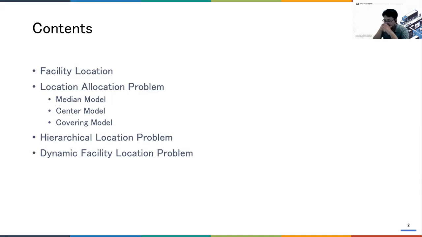So there are a lot of variants of facility location problems that consider dynamic or stochastic factors in the decision making process. One of them is modeled as the dynamic facility location, we will see it later.